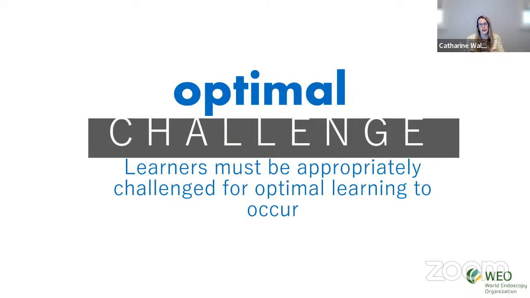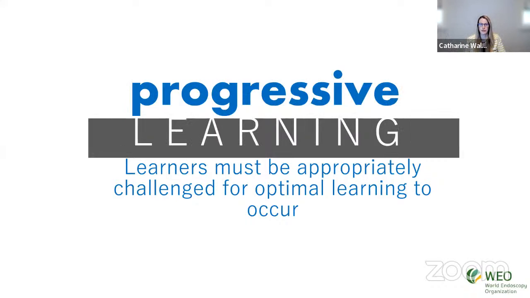It's thought that there's a point at which learners are optimally challenged, so they're not overwhelmed and they're not bored. And as people gain skills, you want to change that challenge point. The progressive learning strategy really allows you to do that, so that you make things more challenging and complex as they gain skills.